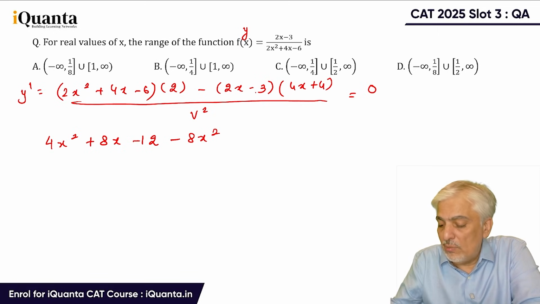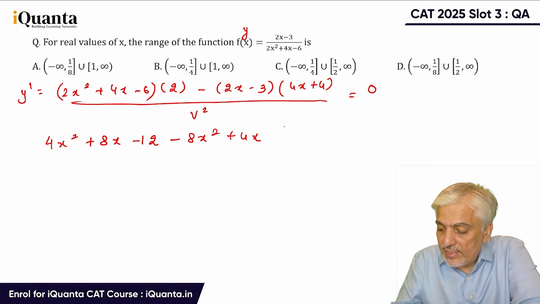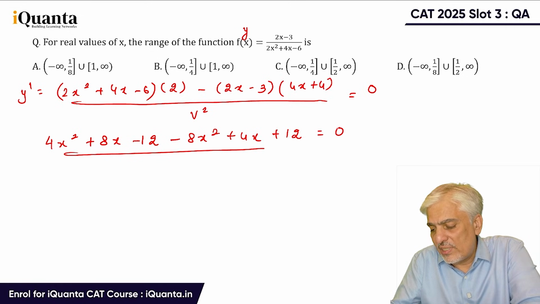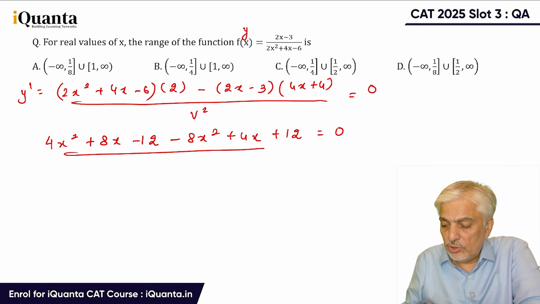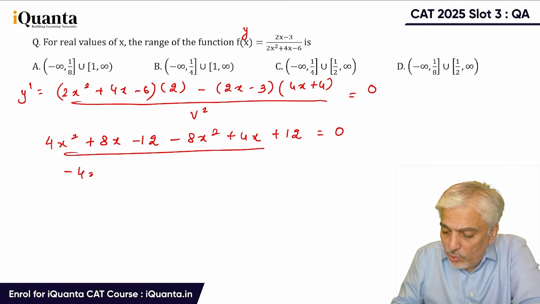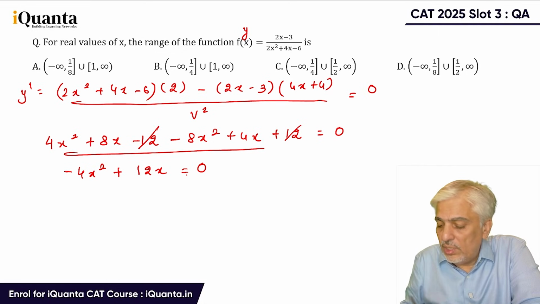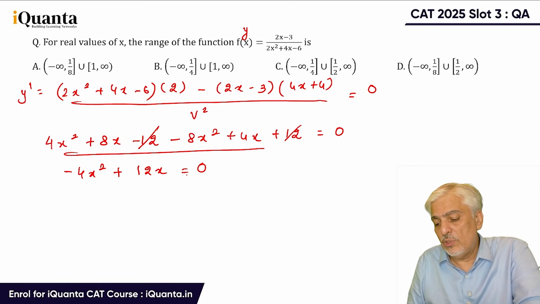So minus 4 will become plus 4x and plus 12. Upon v², it will cross multiply on the other side and become equal to 0. So I've got −4x² + 12x − 12 + 12, equal to 0. The 12s are gone.